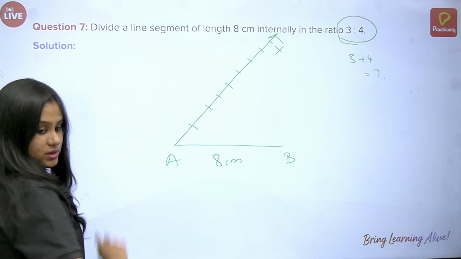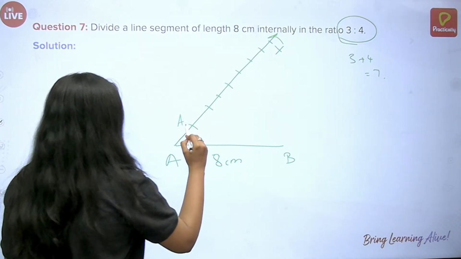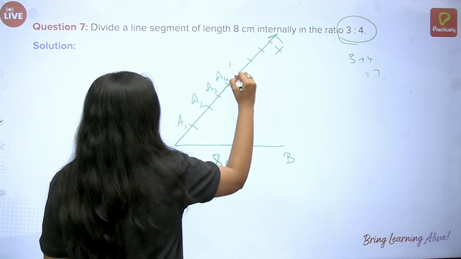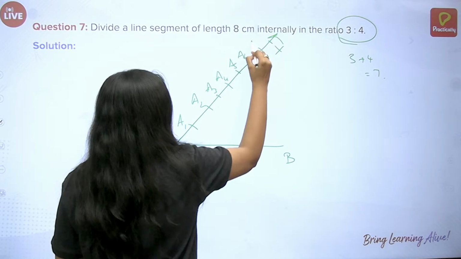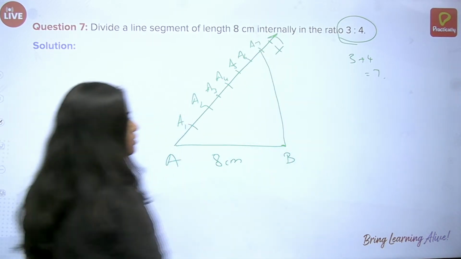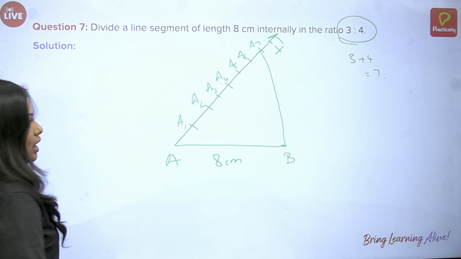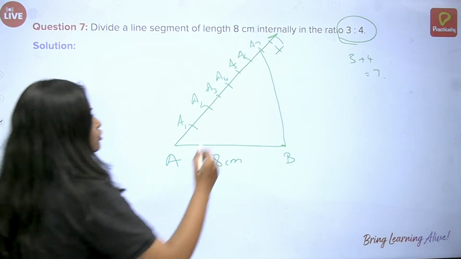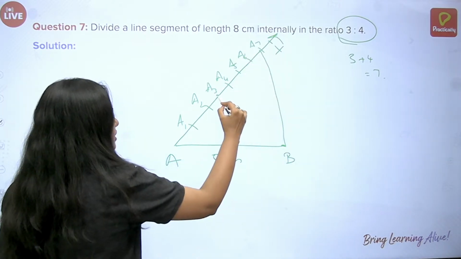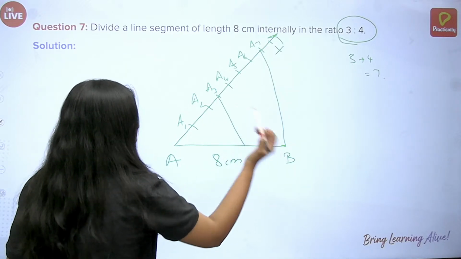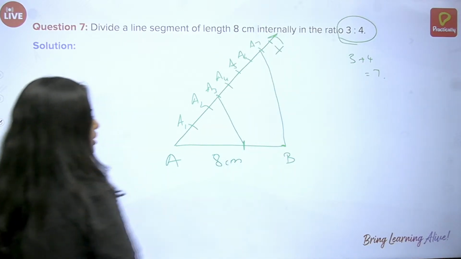Okay. Sarthak. A3, A4, A5, A6, A7. Now join A7 and B. Okay. Now we have joined A7 and B. What is the next step? We have to draw a line parallel to A7B at A3. So draw the parallel line here.